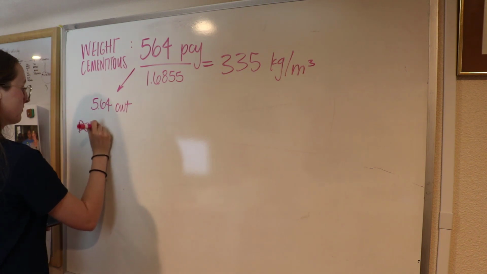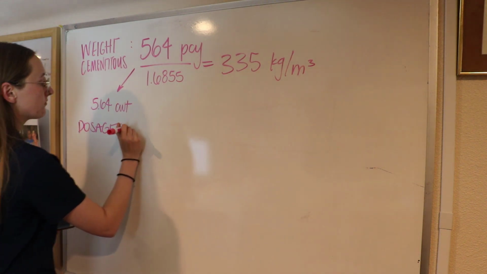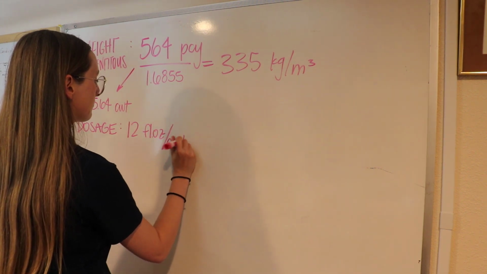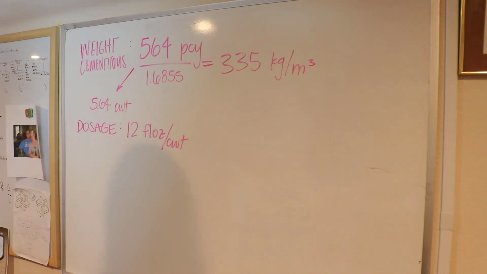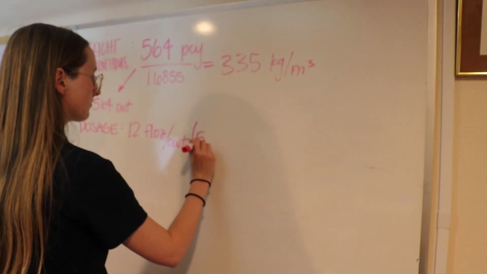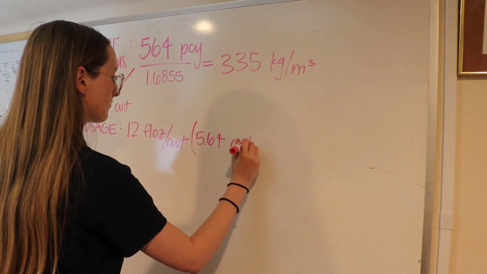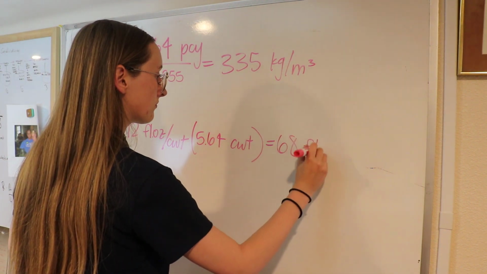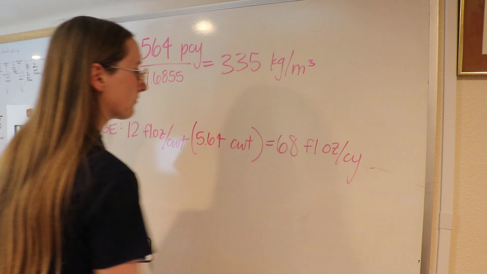Most of our non-chloride accelerators start at around 1%, which can be anywhere between 12 and 18 fluid ounces per hundredweight. We're going to use 12 fluid ounces per hundredweight for our calcium nitrate accelerator. Multiplying 12 fluid ounces per hundredweight by 5.64 hundredweights, we get just shy of 68 fluid ounces per cubic yard.